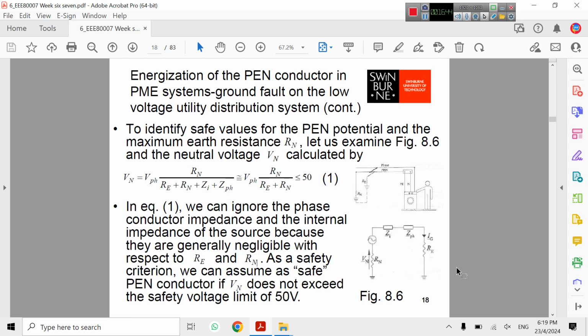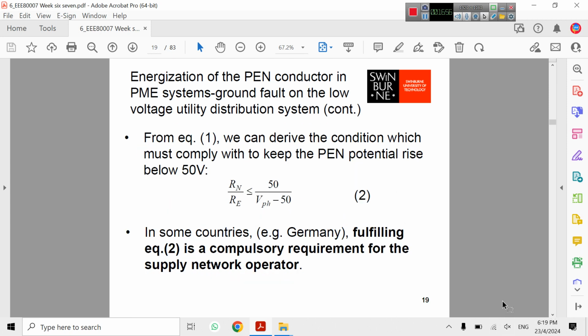Then from this point of view, we know the V phase, and we know Re, of course, so easily you can calculate Rn for the safety. From equation 1 we can derive the condition which must be met to keep the PEN potential below 50. In some countries such as Germany, fulfilling equation 2 is a compulsory requirement for the supply network operator.